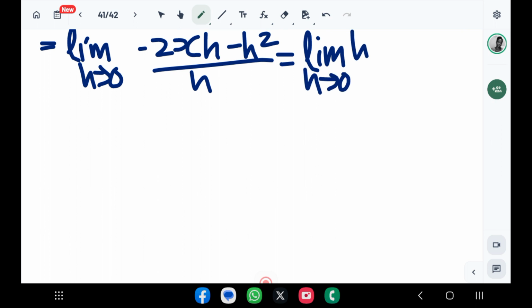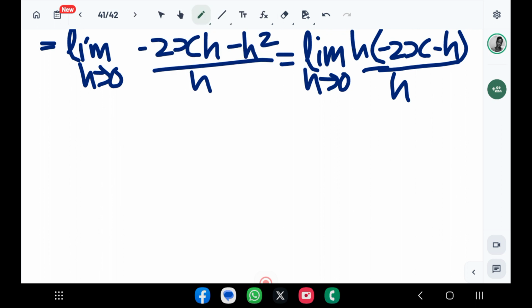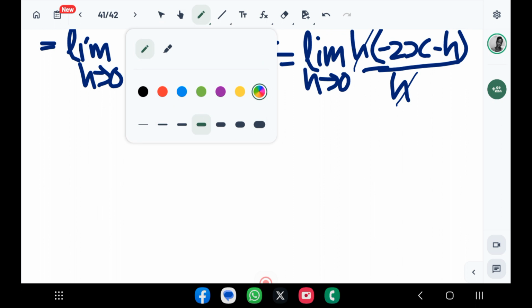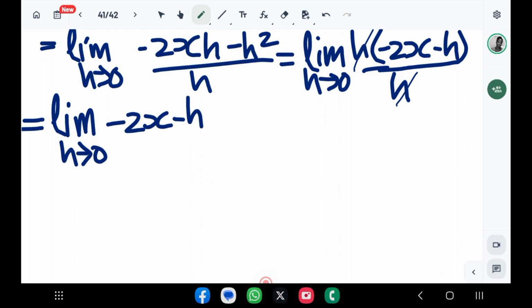Then you take the h out, factorize, you're left with minus 2x minus h all over h. And then the h's cancel out. Now that the h's have cancelled out, this is what you have left. That is equal to the limit as h tends to 0 of negative 2x minus h. Now as h tends to 0, that leaves you with minus 2x.